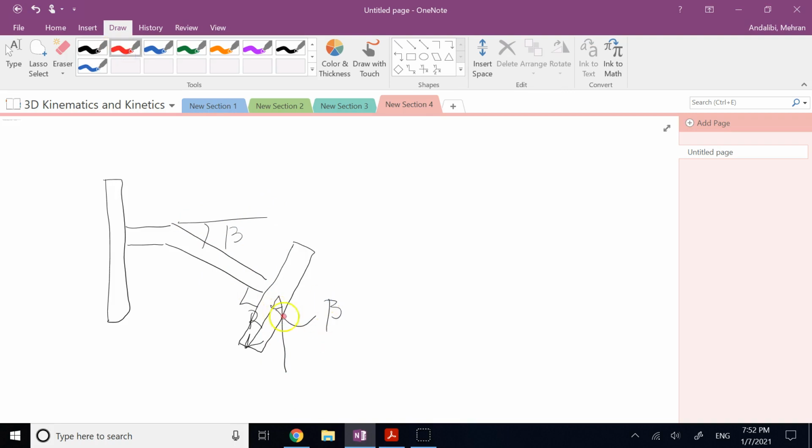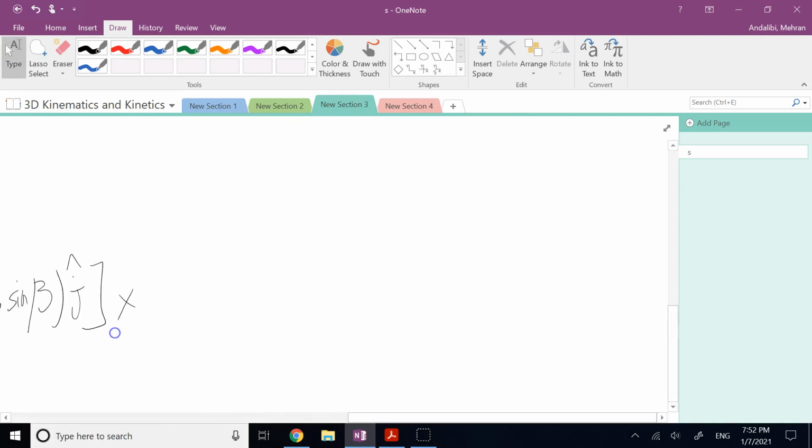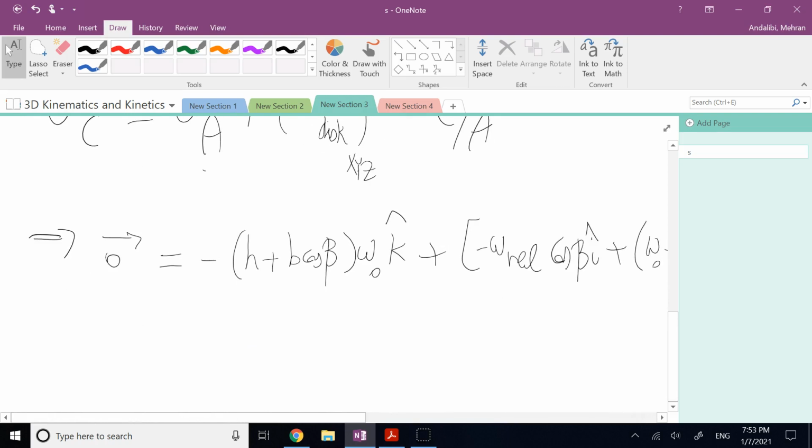And clearly you see it has an r cosine beta component in the negative j, and a negative r sine beta component in the I direction, right? So both components negative. So this vector is going to be negative r sine beta I, negative r cosine beta j.